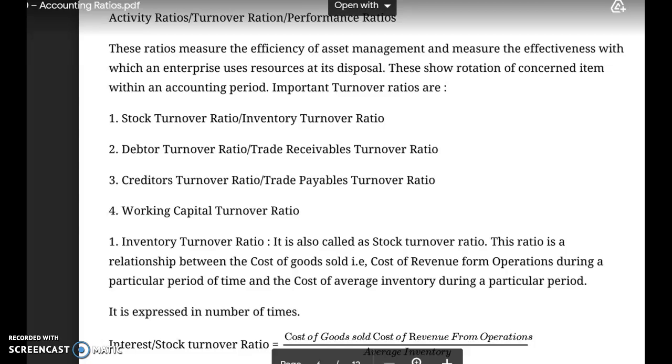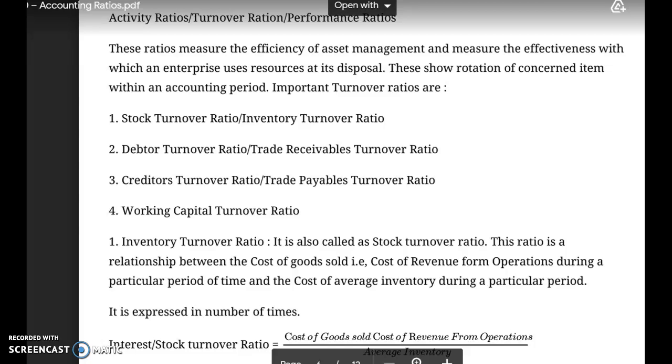These ratios measure the efficiency of asset management and measure the effectiveness with which an enterprise uses resources at its disposal. These show rotation of concerned item within an accounting period, and under this we calculate certain important turnover ratios.